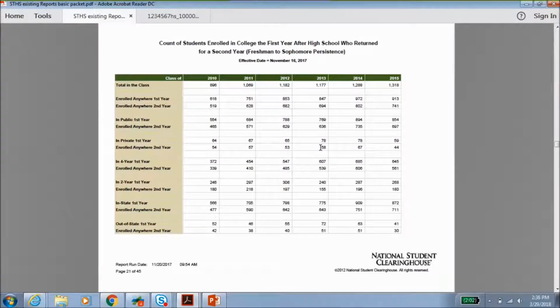And then when they returned for the second year, there was only 58 who returned. So if you take 74% of that 78, that's where that number's coming from. Just as a reference point when you're looking at this, that's how we're getting those numbers for you.